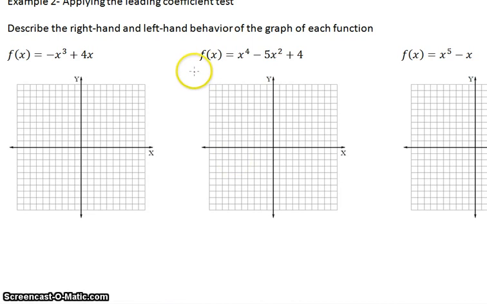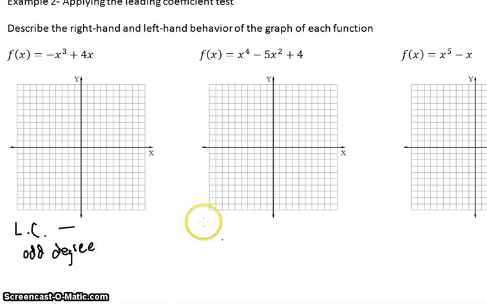Okay? So what we're going to do first is label these and talk about specifically what we know. For this one, since it's written in standard form, in descending powers, the leading coefficient is negative. And we know it is an odd degree function because it has a third power.